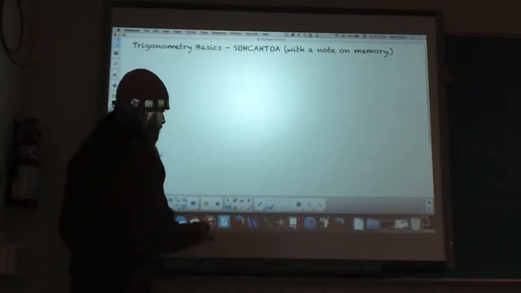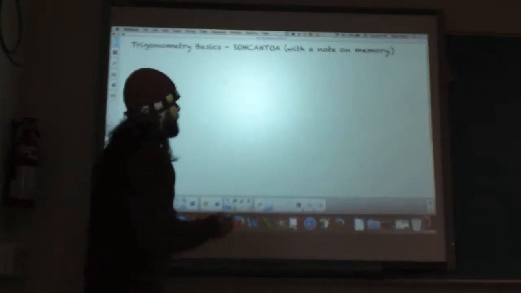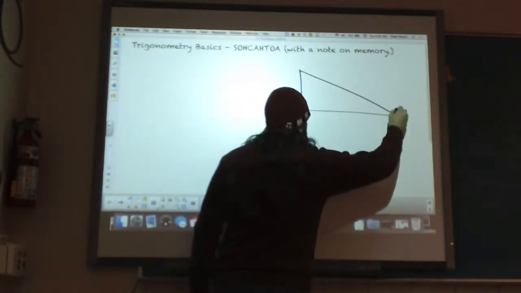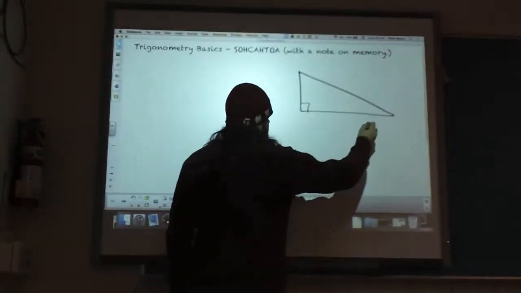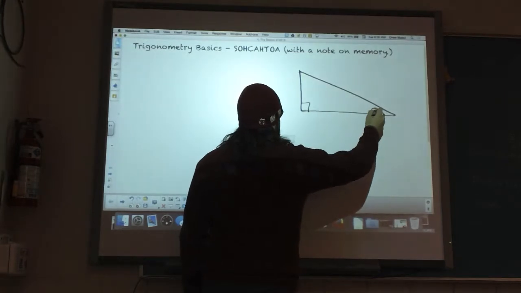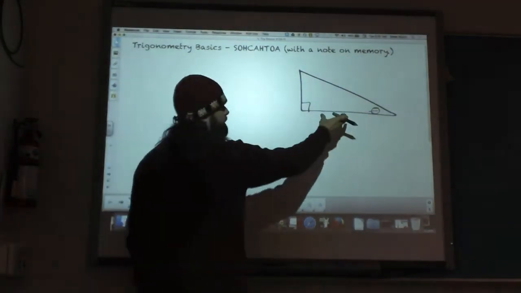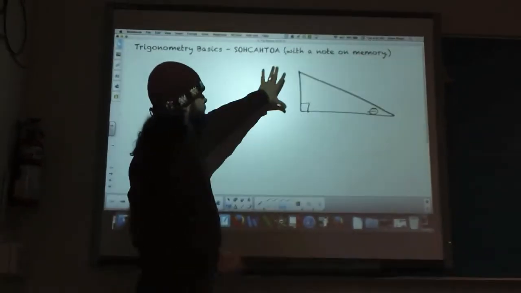So trig is about, to me, triangles, and it's about right triangles. So let's say I have this right triangle, and I have this angle right here, which I will call theta. And that angle, you could see, if I kept this side constant and that side constant, if I made that angle bigger, then this side would grow.